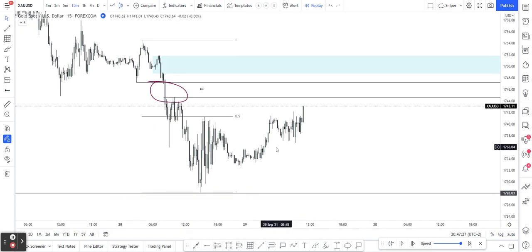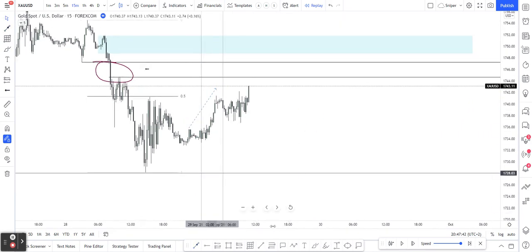You can also look at our Asian session, which is there. Asian session is trending towards the upside. So when Asian session is trending, we look for a 50% retracement into 50% of the Asian session pullback for continuation towards the upside.